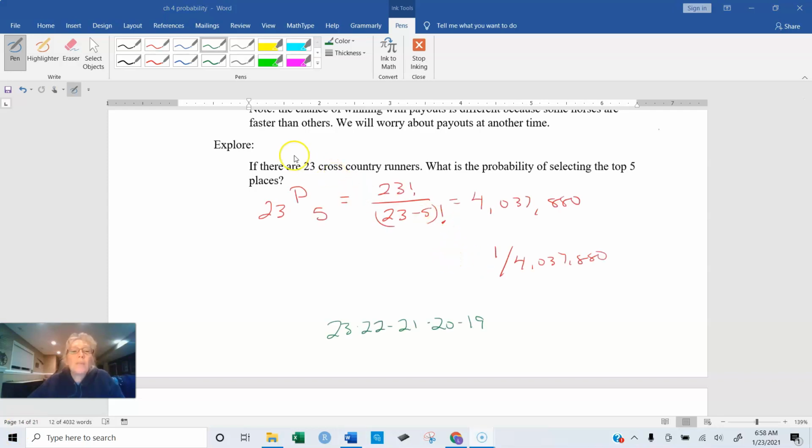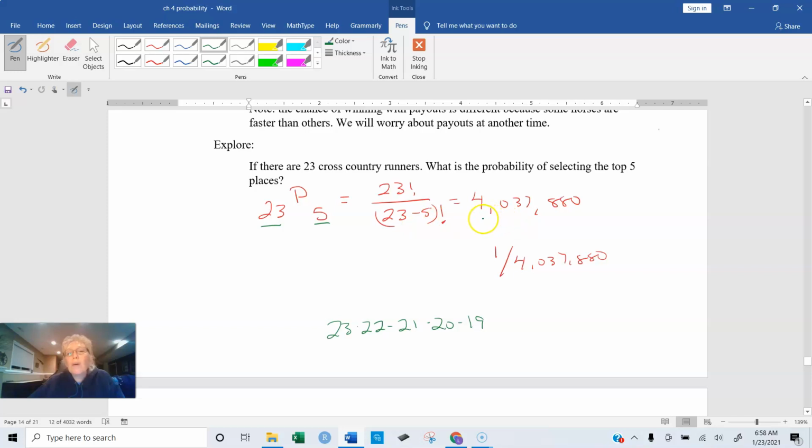Okay, I hope you did well. You had 23 cross-country runners, so we are choosing 23. Order does matter because we're selecting places, how they come across the finish line. So first is very different than fifth. And I am choosing the first 5 places. So 23 factorial over 23 minus 5 factorial.